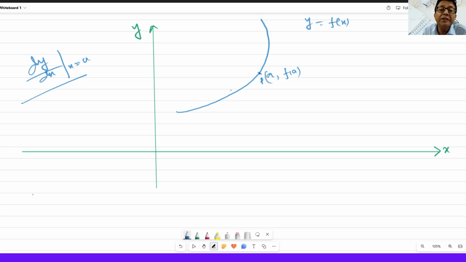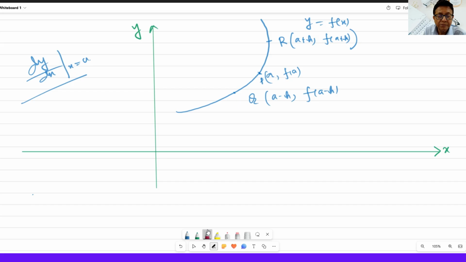But when you consider the left-hand derivative, there is a point Q. This is a minus h. h is a positive quantity, we should remember. And there is another point which is R. R is a plus h, f of a plus h.